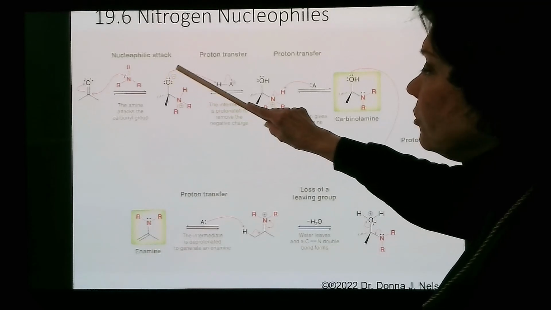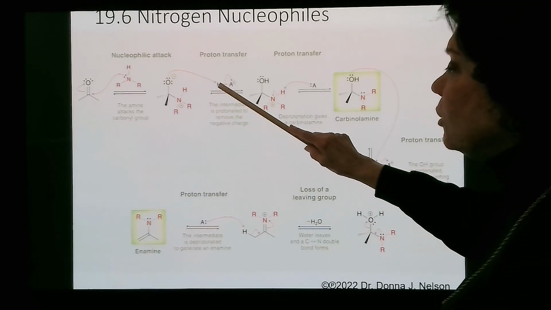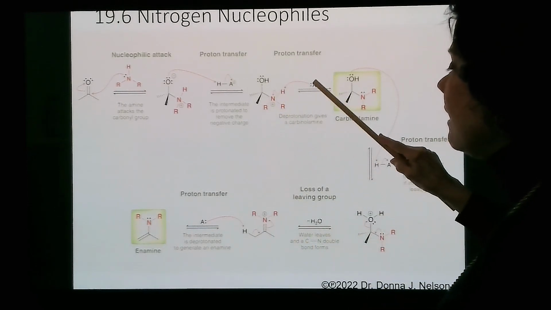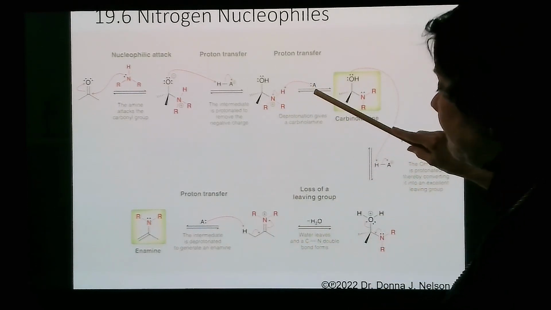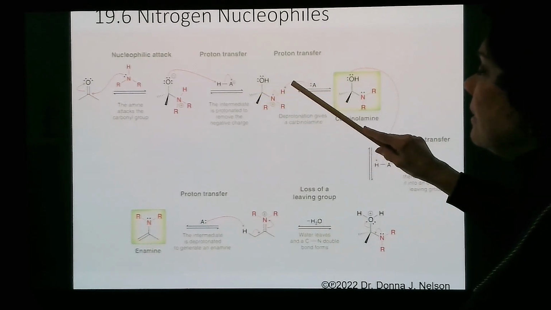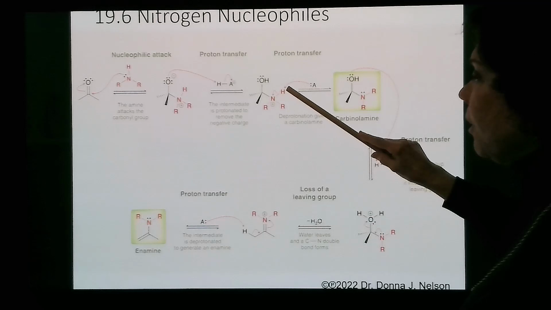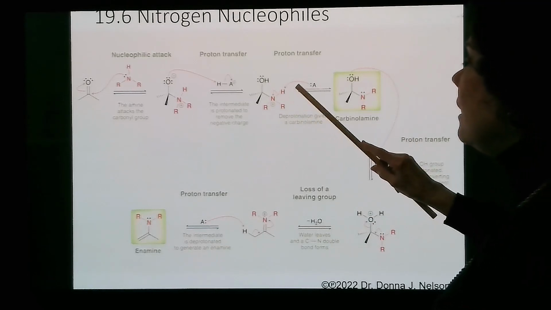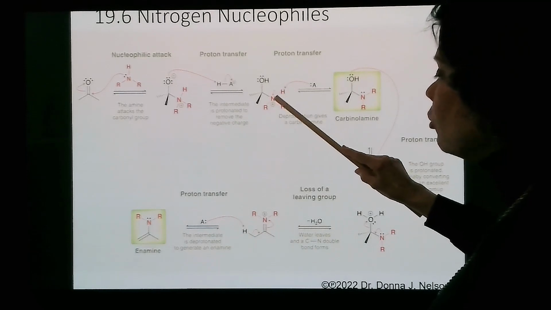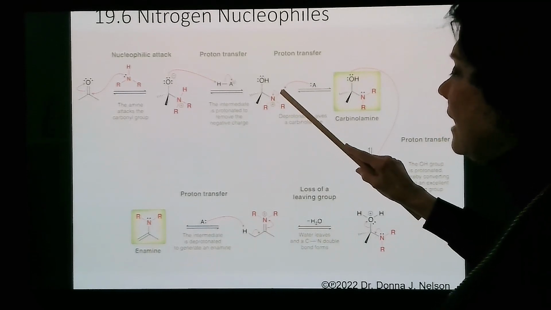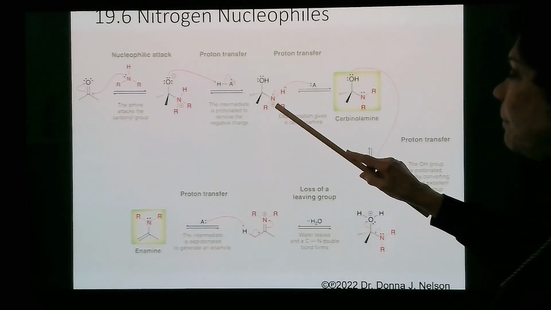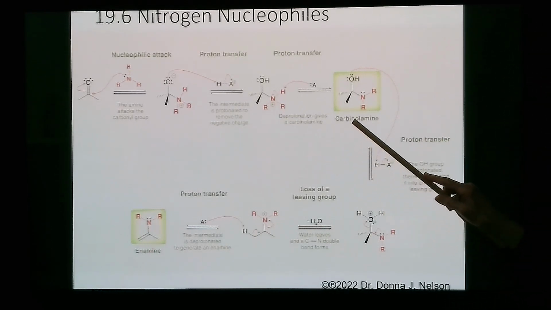A pair of electrons on oxygen does an attack on this proton, and so it picks up a proton. Now the conjugate base of that ammonium ion picks up a proton, it deprotonates the ammonium group, and the pair of electrons in the NH bond moves back onto nitrogen, satisfying the positive charge on nitrogen.